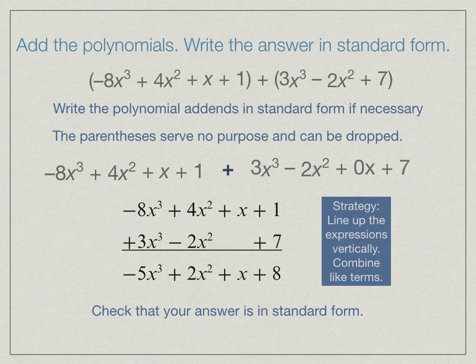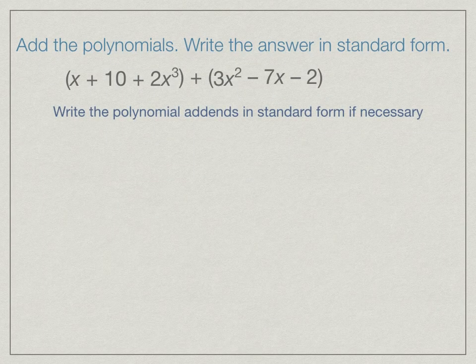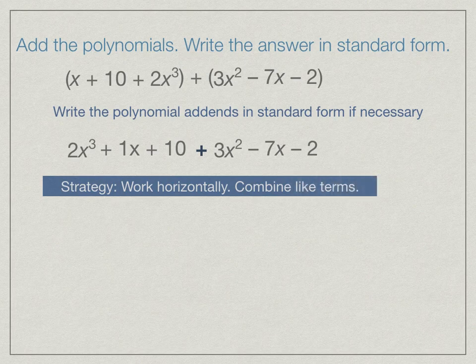So we'll get practice adding polynomials, but using another strategy. And so it is suggested that you could rewrite the polynomial addends in standard form, remembering we don't need those parentheses. So here's my first addend, and here's my second. And the strategy we'll suggest is to work horizontally.